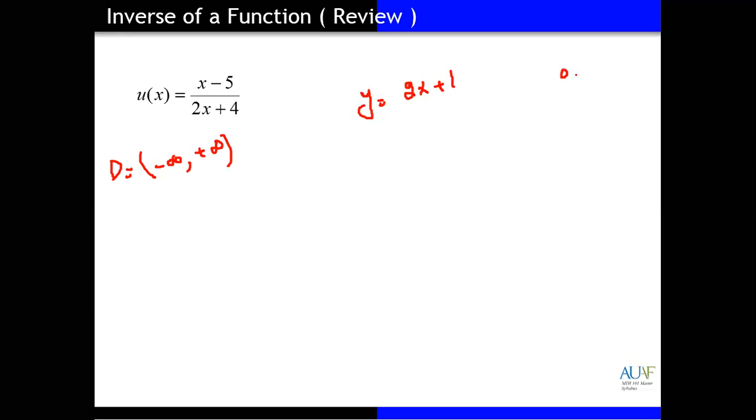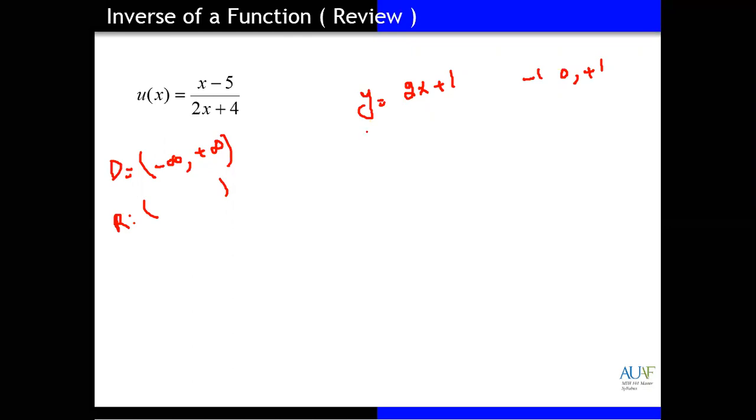You can give zero, you can give positive values, and also negative values. So the domain is from minus infinity to plus infinity. Now, how to find the range? For the range, you need to find the inverse function. So we have y is equal to 2x plus 1. First step, replace f of x with y.